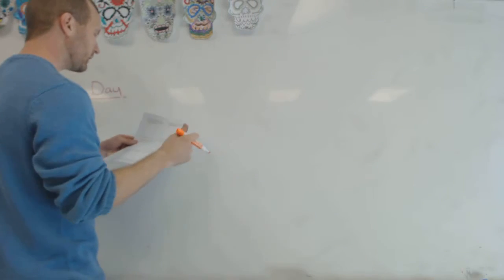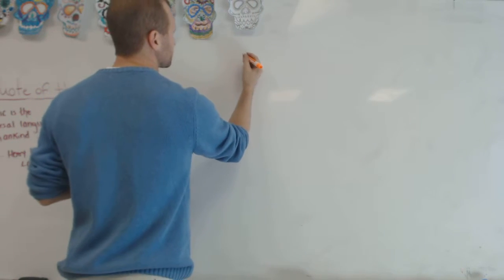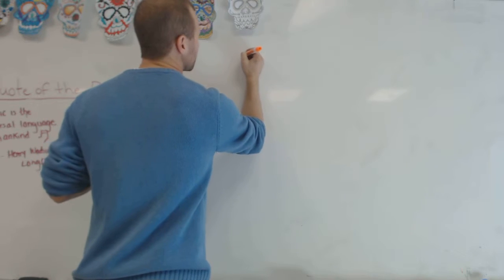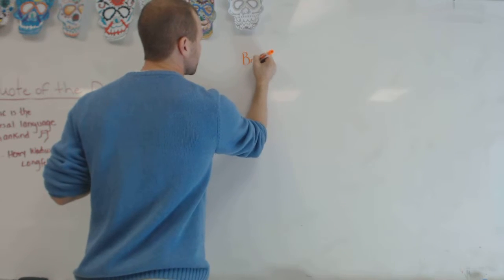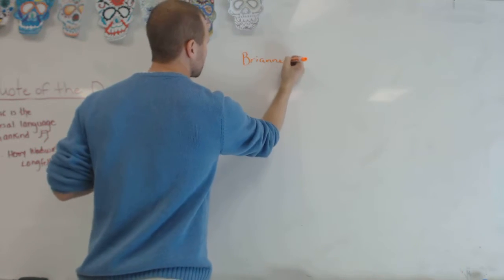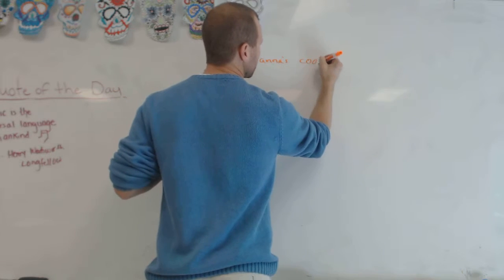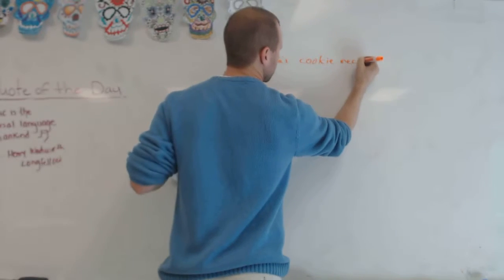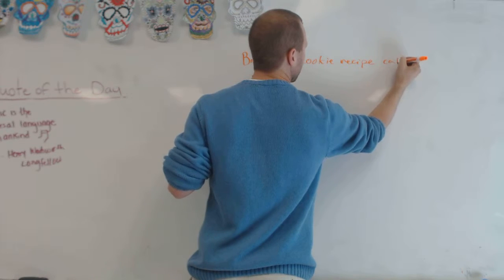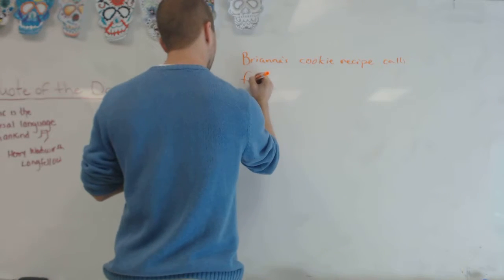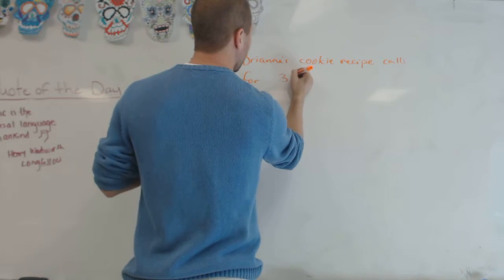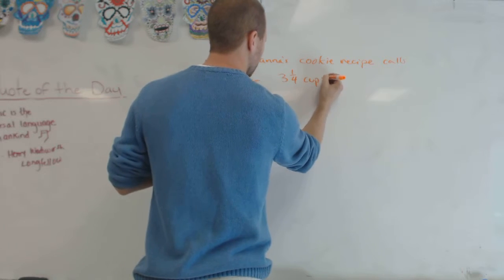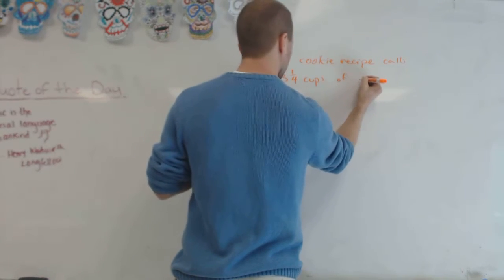All right, let's do one with fractions. Let's see. Brianna's cookie recipe calls for 3 1/4 cups of sugar.